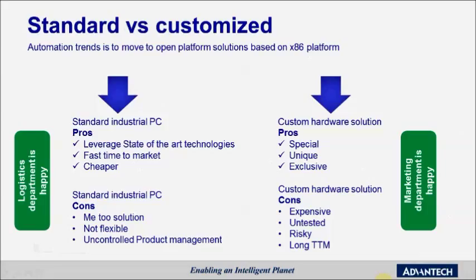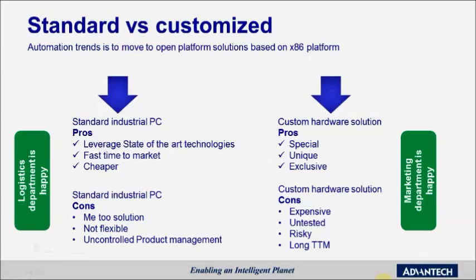Since it is a standard product, we can have different solutions from the market. We have a fast time to market because we can easily use products that are already developed for general purpose for our application. And of course it is cheaper because we can rely on a product that is suited to everyone.